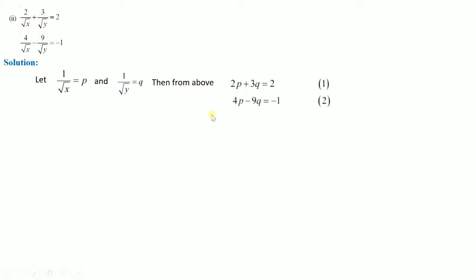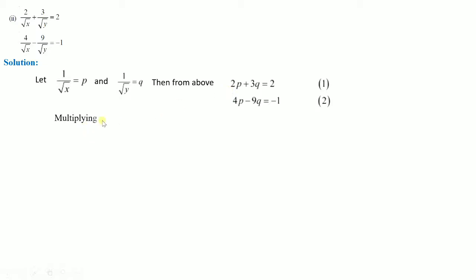And from the second we have 4p minus 9q is equal to minus 1, equation number 2. Now here we have 3 and here we have 9, so if we multiply by 3 to this equation, we will have the coefficient of q equal. Otherwise, if we go for p, then we should multiply equation number 1 by 2. That is a simpler thing.